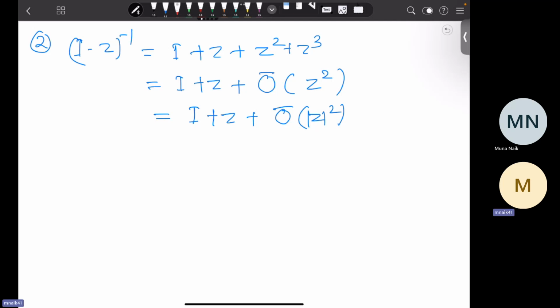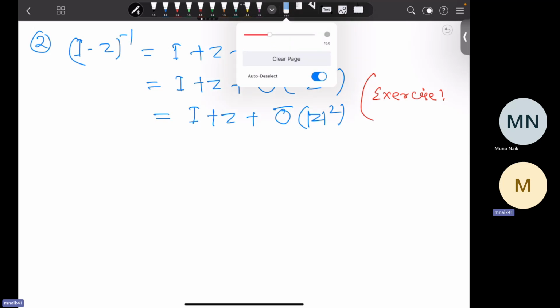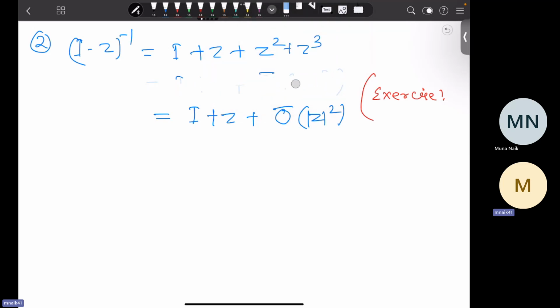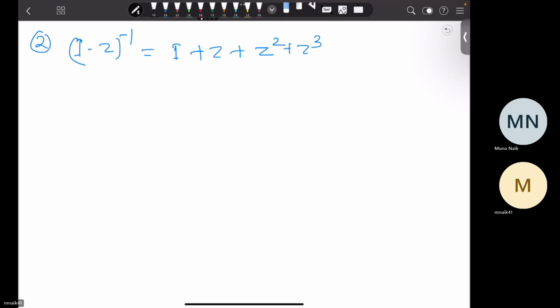Similarly, this is the same thing as I plus z plus big O of norm z square. So this is an exercise you can do.